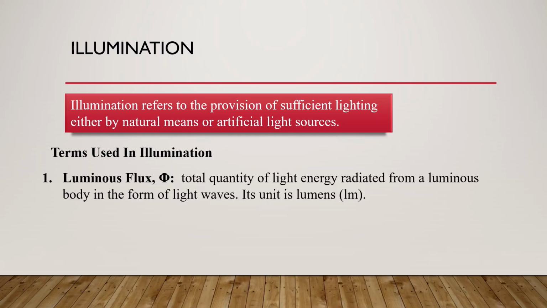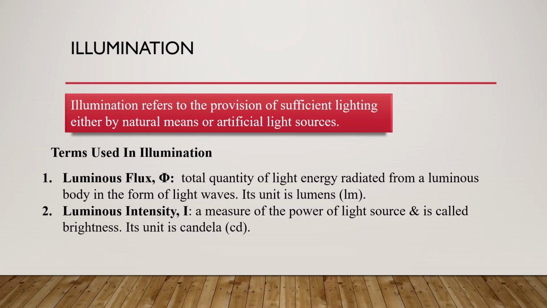Number one is luminous flux. Luminous flux is the total quantity of light energy radiated from a luminous body, it is in form of a light wave. Its unit is lumen. The second one is luminous intensity, which is just the brightness of the light source, and its unit is candela.